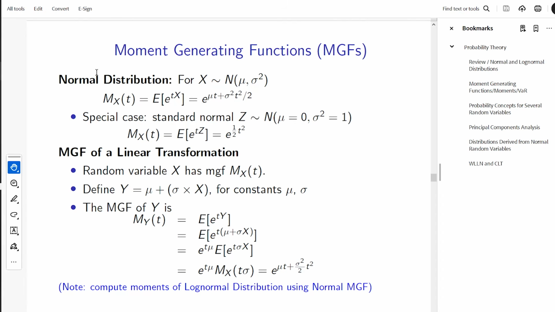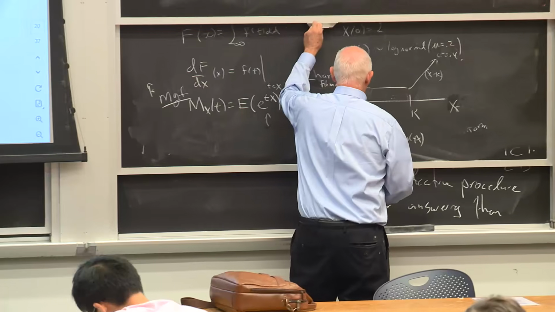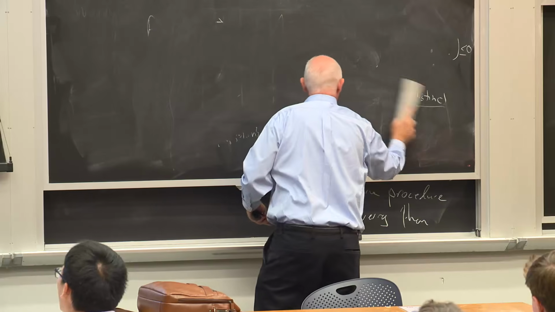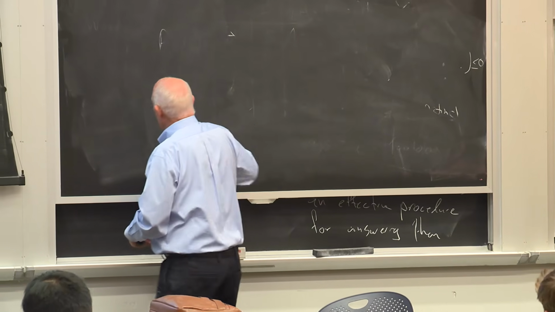Now, this slide introduces the moment generating function for the normal distribution with mean mu and variance sigma squared. Take the special case of mu equals 0 and sigma equals 1.